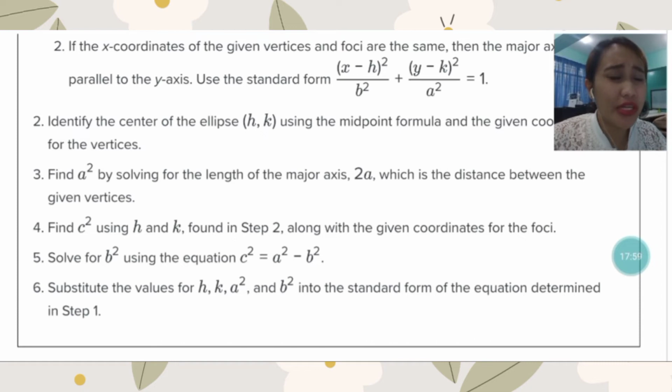Step number 4, find c squared using h and k found in step 2 along with the given coordinates for the foci. Step number 5, solve for b squared using the equation c squared is equal to a squared minus b squared. And step number 6, substitute the values for h, k, a squared, and b squared into the standard form of the equation determined in step 1.